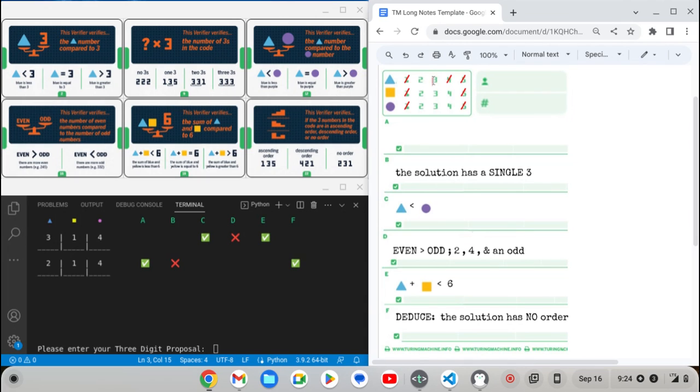So that means that it can't be a 3. Okay. So if triangle's 2, that means circle cannot be a 2, because 2 has to be smaller. So far so good. And it has to be descending.